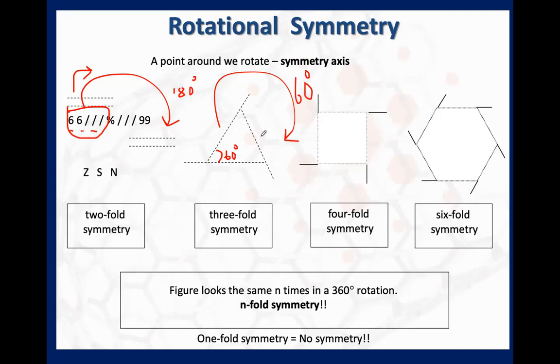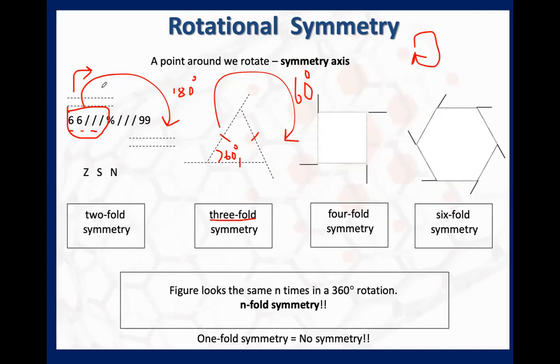How many times can you rotate it? You can have one, two, three. Three times you will have the same shape while rotating in a 360 round. So in that case, you can call it threefold symmetry.